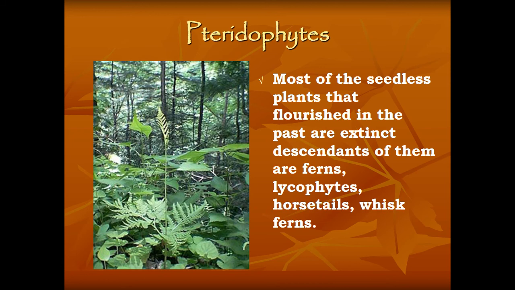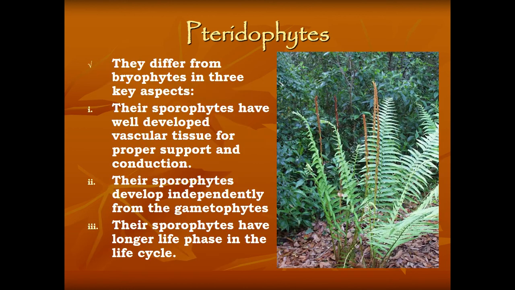Next, we're going to look at the second group of plants, which is pteridophytes. Pteridophytes are the seedless plants that I mentioned earlier. They do not have seeds, and they do not have flowers, and they differ from bryophytes, which are non-vascular plants, in three key aspects. First, the sporophytes have well-developed vascular tissue.